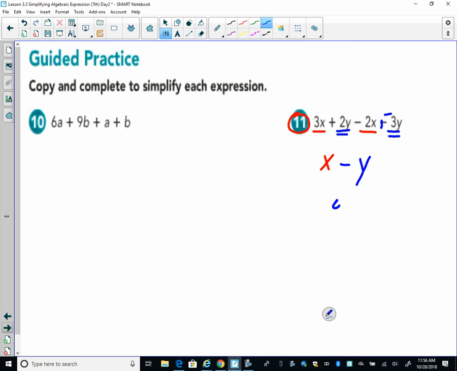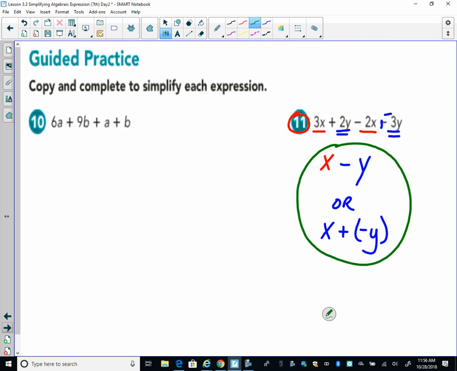You could also write this as x plus negative y. If you look at what I wrote first, x minus y, if I apply add up, it turns into what I have below. So either one is fine. We also said in class that you could write coefficients of 1 in front of each of these variables, and that would be correct as well.